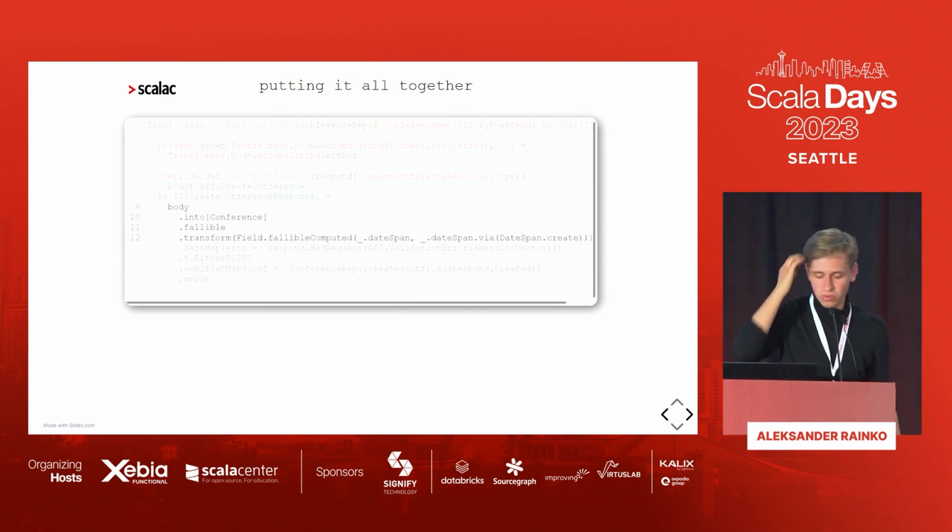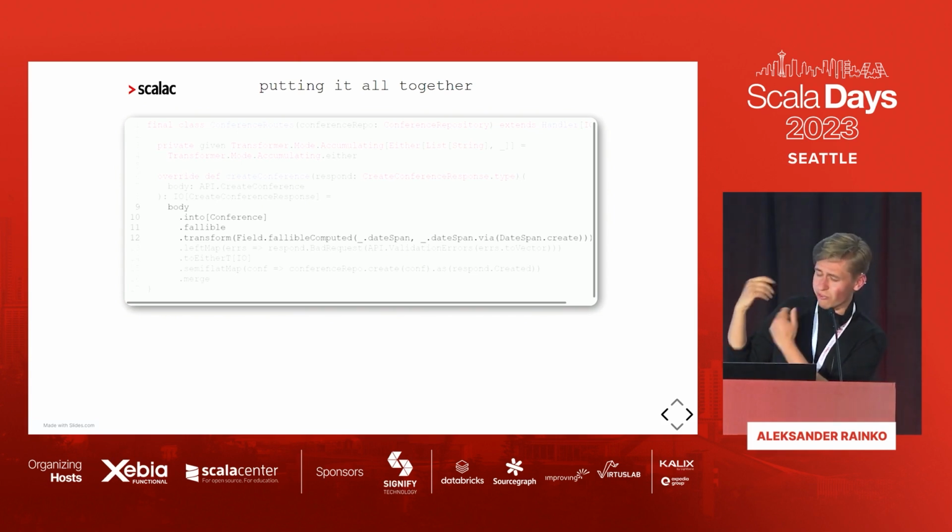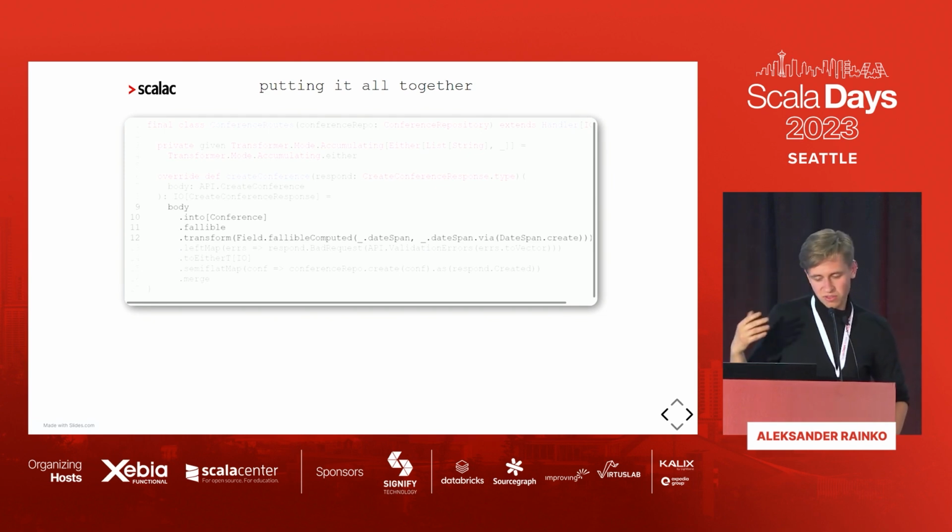So to do that, we'll once again call into on the body. We'll try to transform that into a conference, into the domain conference, right? We will do it fallibly because you remember we have newtypes there. So all of the fields from that are able to be derived automatically. The only thing that we need to help it to derive is datespan, because datespan doesn't expose a fallible transformer or anything.